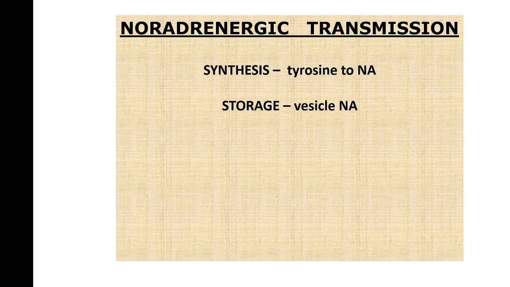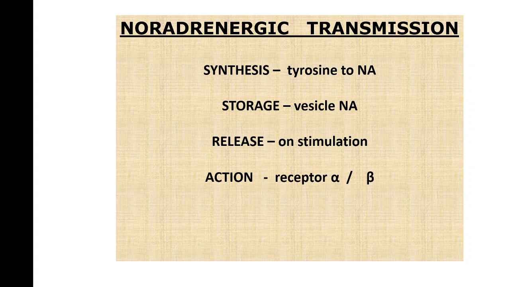Now upon stimulation or arrival of impulse, there will be release of noradrenaline from nerve ending. After the release, noradrenaline will act on the organ supplied, and that organ will have receptors for noradrenaline.